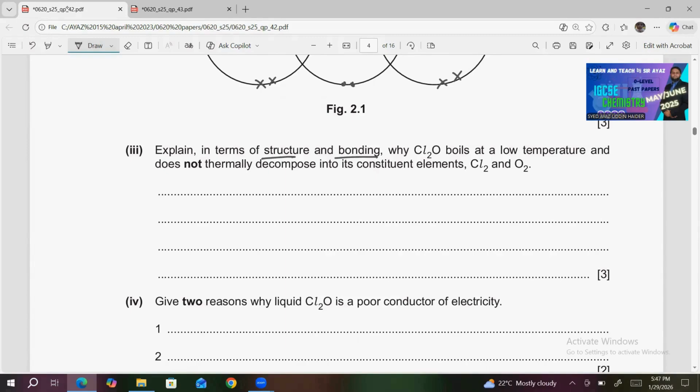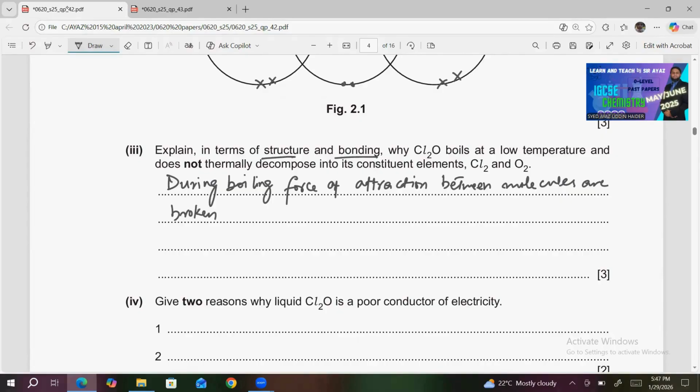So we'll start with the boiling at low temperature. We'll write: during boiling, force of attraction between molecules are broken.